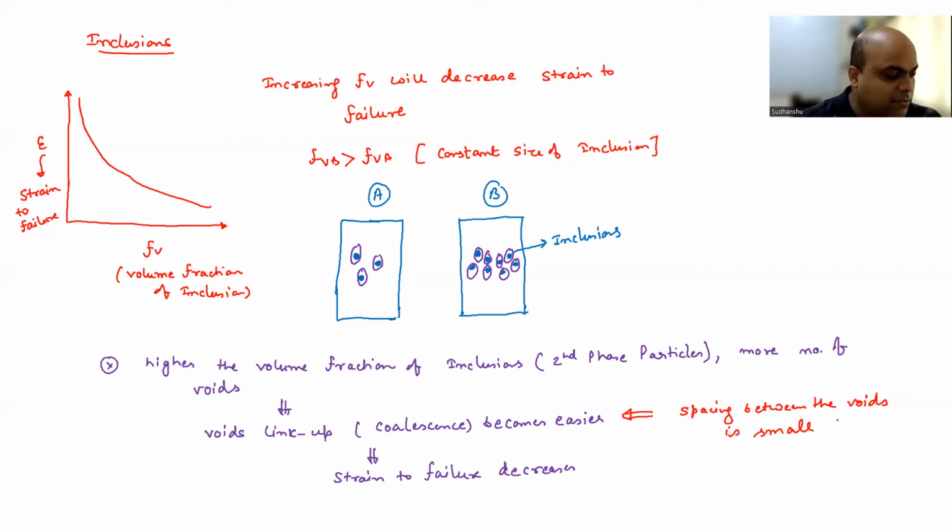Now let's understand what happens when you have constant volume fraction of inclusions, but the size is changing. So the volume fraction of inclusions is the same. Okay. Size is different.